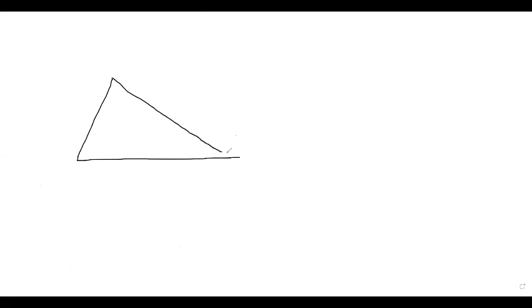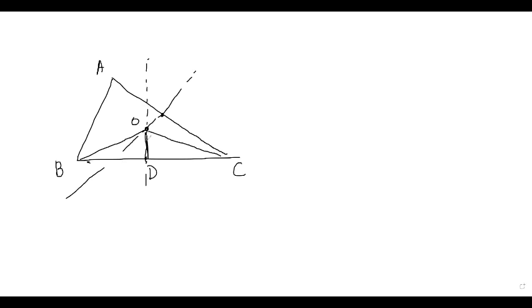A, B, C, bisect each side and make perpendiculars, and make one more, bisect this side, make perpendiculars. They will intersect at a point. This point is O. Join OB, join OC. You can prove by SAS congruency that ODB is congruent to ODC. And because it is congruent, OB is equal to OC.